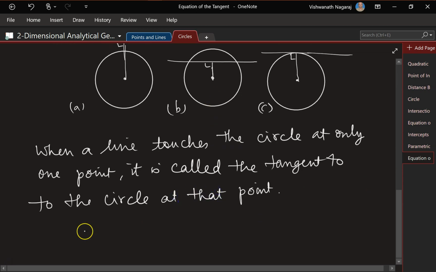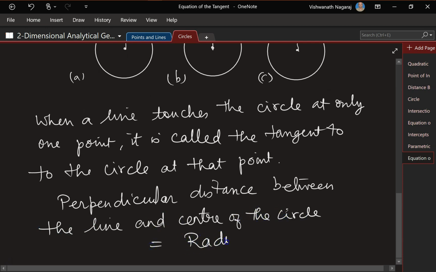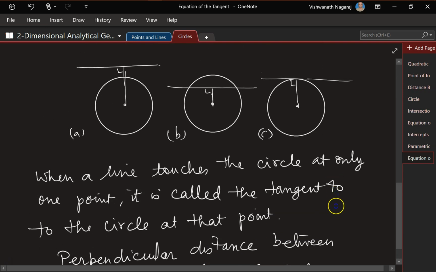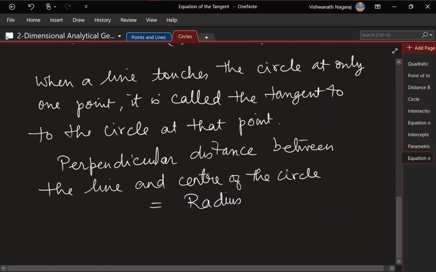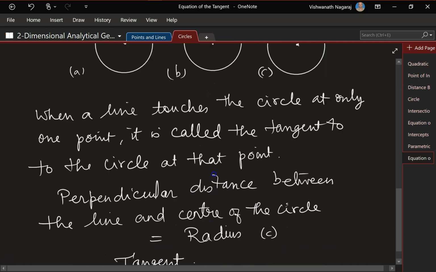So in a way, the perpendicular distance between the line and the center of the circle, when it is equal to the radius, which is what is shown in C, then we call that line the tangent. In both the other cases, either it is greater or it is lesser.